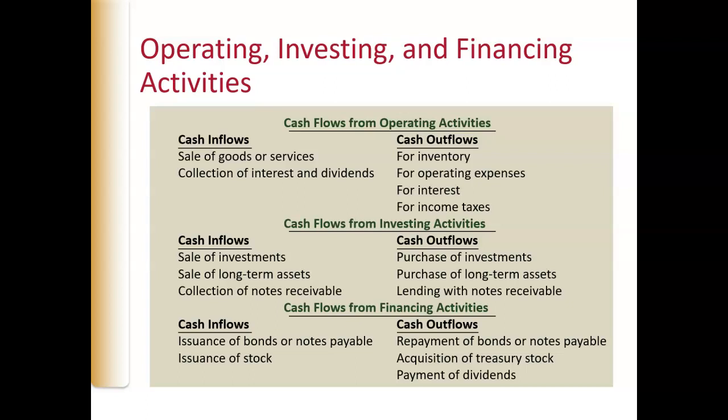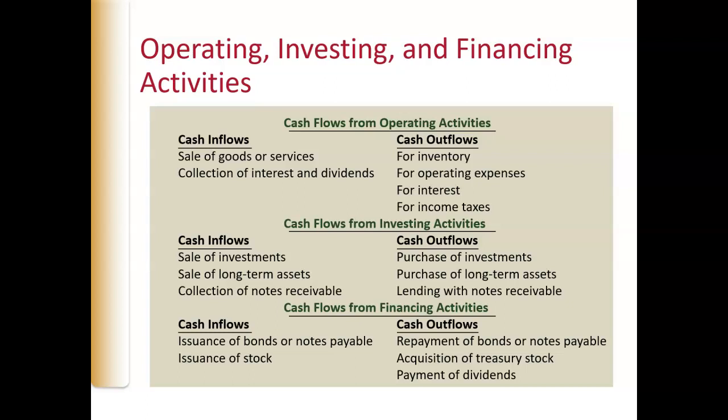When we're dealing with investing activities, inflows involve the sale of investments, the sale of long-term assets, or if we collect notes receivable from a client. Okay? Not accounts receivable, but a note receivable.